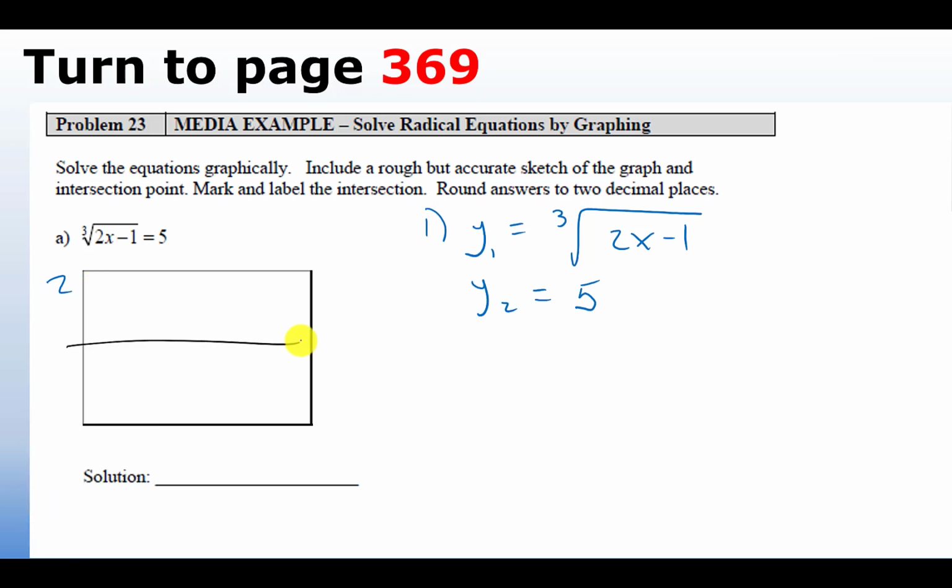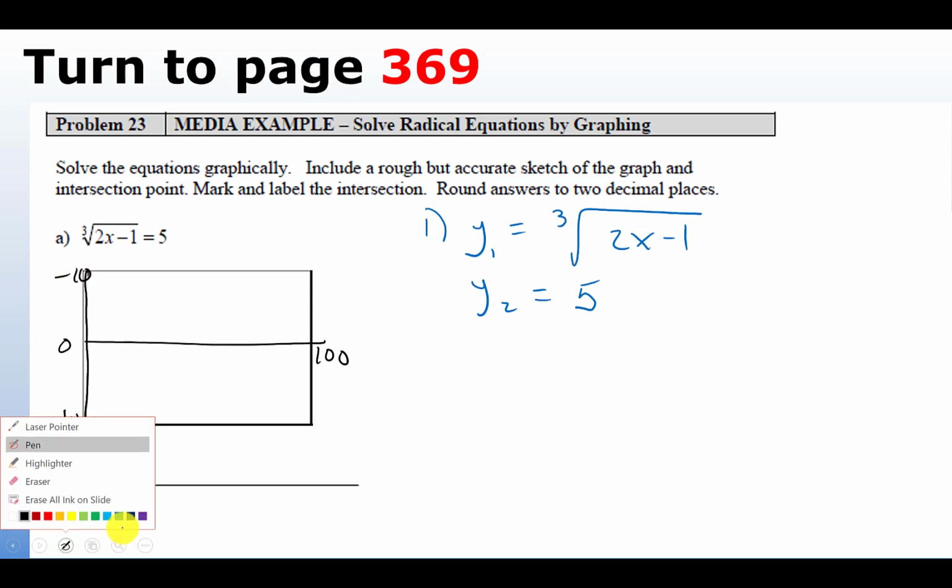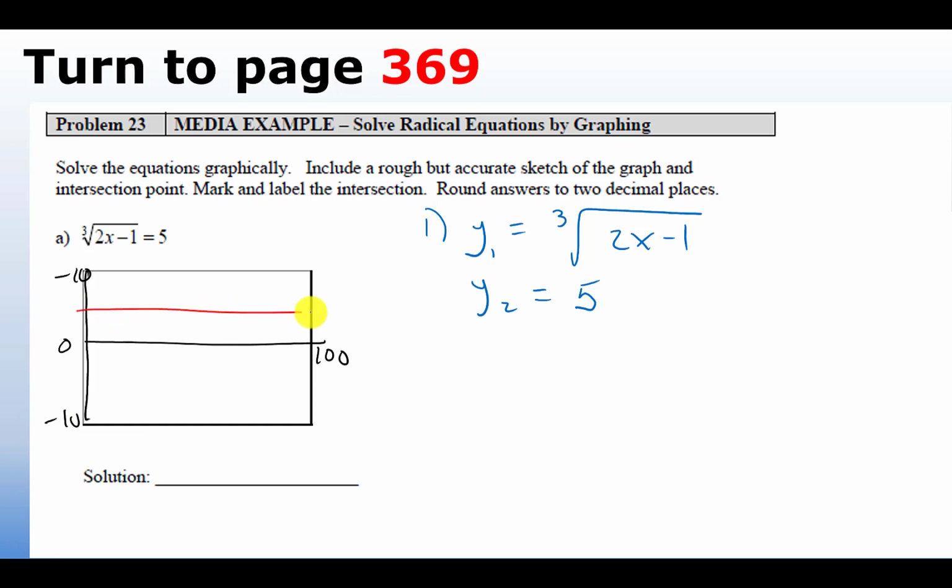So we had the x-axis, negative 10. Oh, I didn't actually do negative 10. I had switched that. I went from 0 to 100, and the y's were negative 10 to 10. And then the horizontal line, that's easy. That went in right at 5.